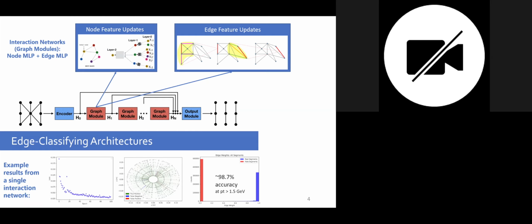One is focused on updating the features of the nodes in the graph, so the hits in the detector, and one is focused on updating the edges in the graph. After you've run the graph module a number of times, you then output at the end of the day edge weights that ideally give you some idea of the tracks in the event. And just note that we see very high edge classification accuracies for all of the architectures we're looking at.